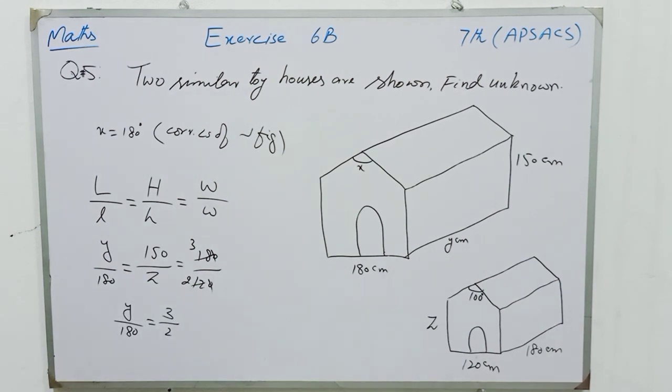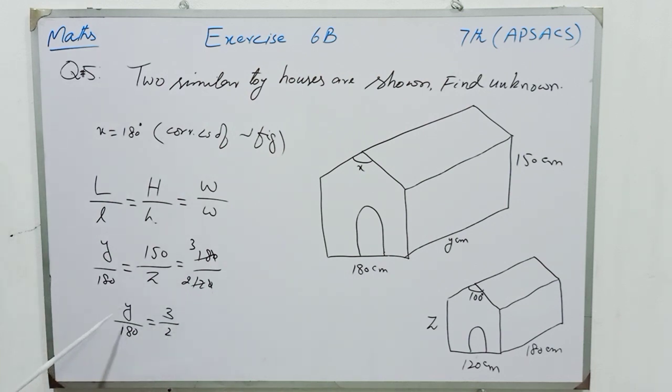Now students, I will select y over 180 is equal to 3 over 2. Here I want to tell you students one thing, that all the three ratios are equal. It means that the central ratio or fraction is equal to this, and this is equal to this, as well as this fraction is equal to this. All the three fractions are equal, so we can write any two of them according to our need.